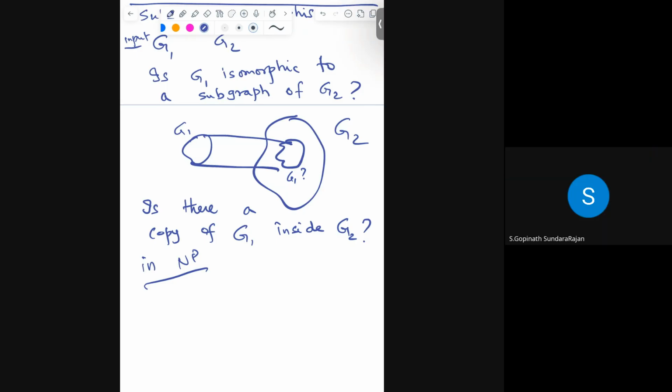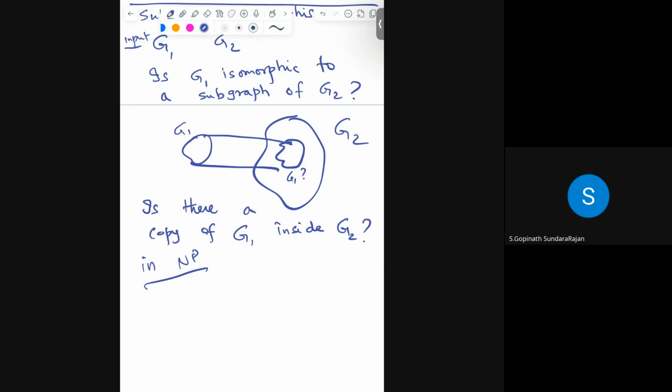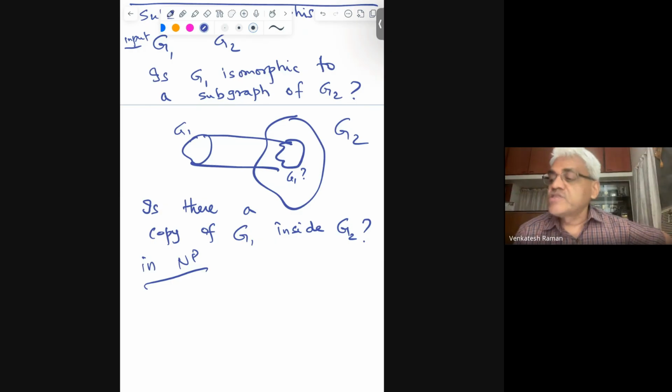The mapping and the copy of G1. Yes, the subset of vertices of G2, and a mapping from G1 to that copy you are establishing. So that's a proof: the subset and the mapping. And you verify whether the edges are preserved and so on. So that's the NP part, right?